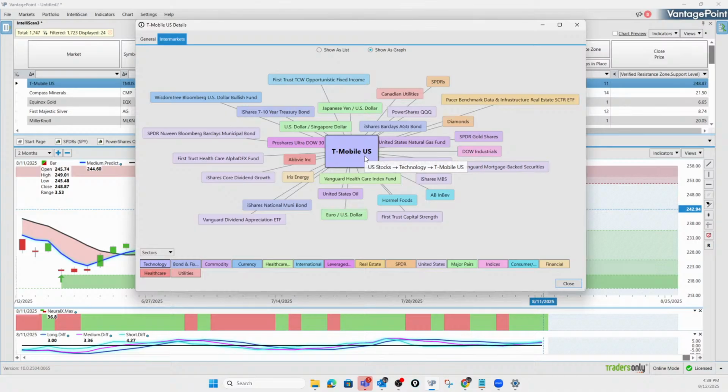And so assessing these really impactful markets, we call them intermarkets, right? Because these are the markets that are driving T-Mobile. The intermarket analysis is in fact what's patented through our patented process and our artificial intelligence and predictive indicators.